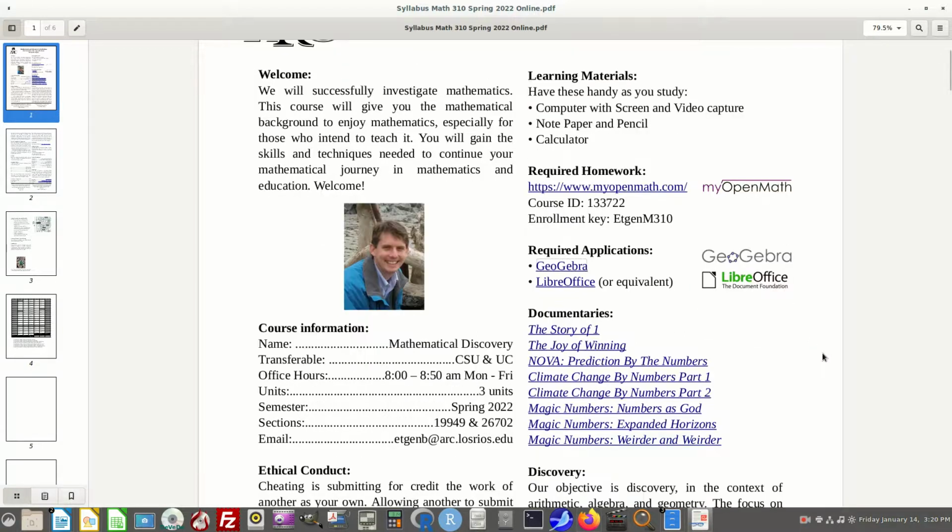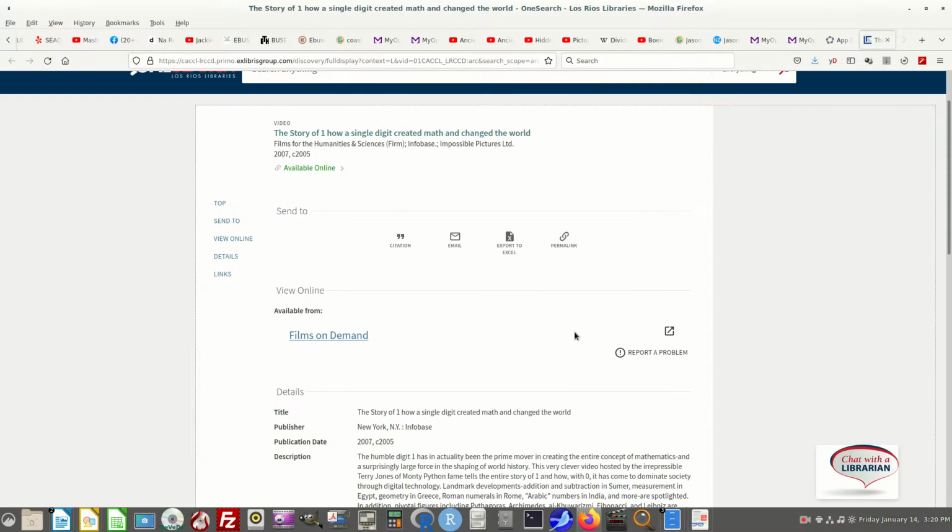Here are our documentaries. These are all the documentaries for the semester. So that looks like a big list, but remember that's spread out over 16 and a half weeks. The first documentary is The Story of One. So if I click on it, it will take us to the library. I'll see if I've logged in recently enough that it will take me to it.